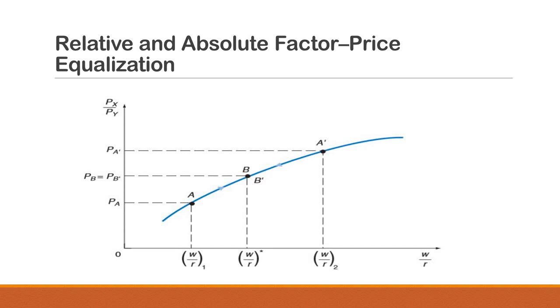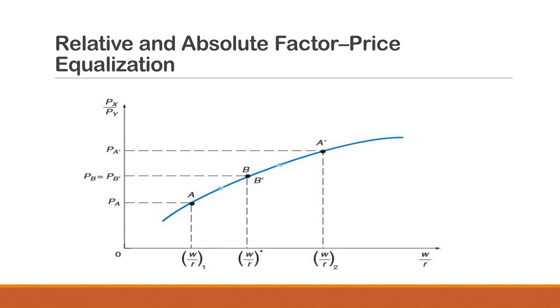So, in the figure, A shows the production of Nation 1, and A dash shows the production of Nation 2 in the pre-trade situation. Corresponding to point A, the factor price ratio is W by R1 and the commodity price ratio is PA.